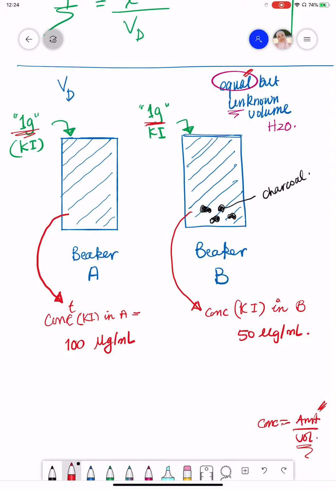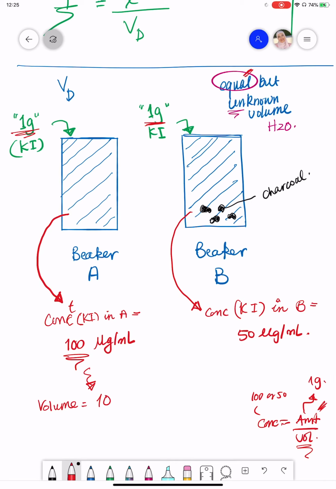So the concentration of potassium iodide in here is higher. If you want to back calculate from here, if we have 50 or 100 as a concentration, and we know the amount is 1 gram for sure, we can determine the volume of the liquid.